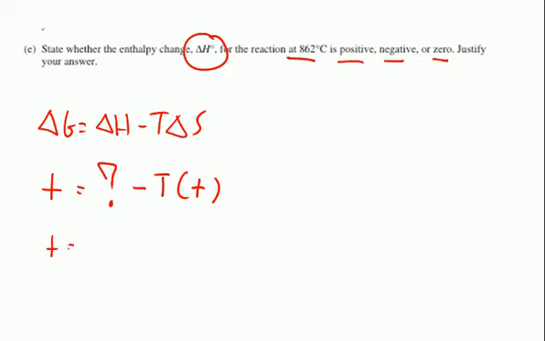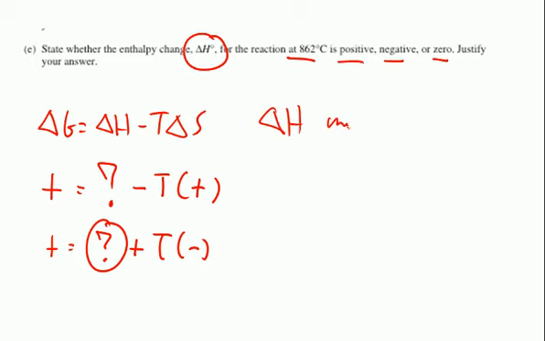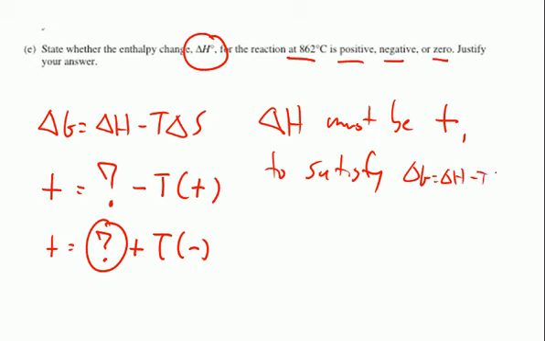The only way for delta G to end up being positive is if delta H is positive, to satisfy the delta G equals delta H minus T delta S equation.